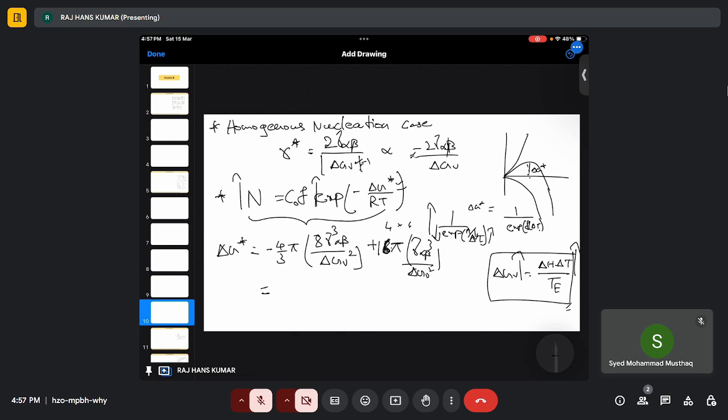Now, how much will this one be? This one is 24, it will be 32, right? So 16 times, let me draw it again. So here I have 4 pi R square.